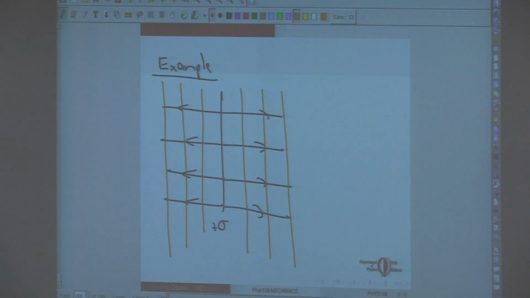If you know the equipotential surfaces, by just drawing lines perpendicular to those surfaces, you can determine the electric field lines, and you can go the other way around. If you know the electric field lines, just draw surfaces that are perpendicular to those lines everywhere. That gives you the equipotential surfaces. Other questions?